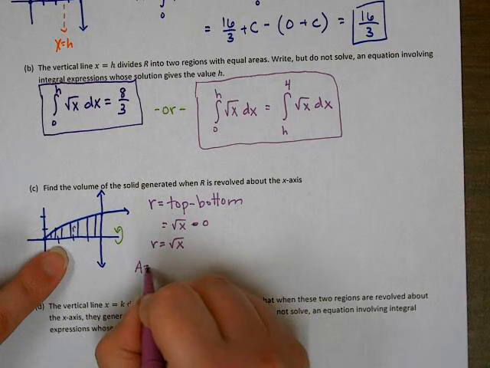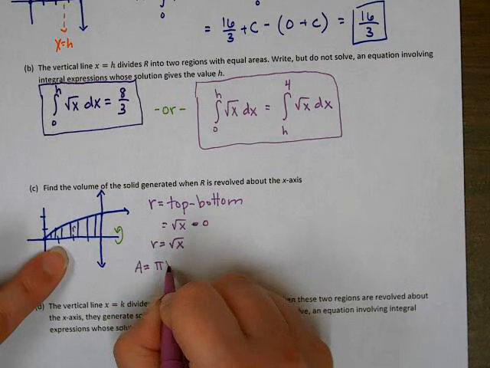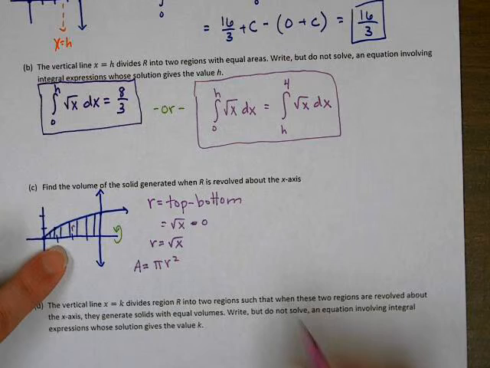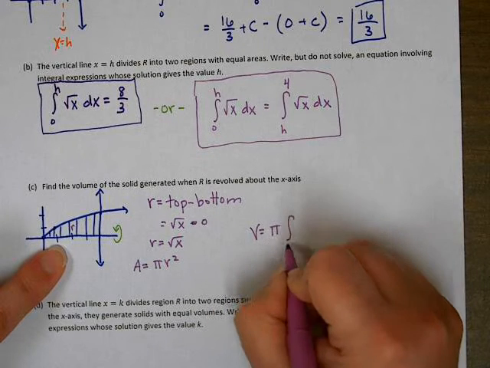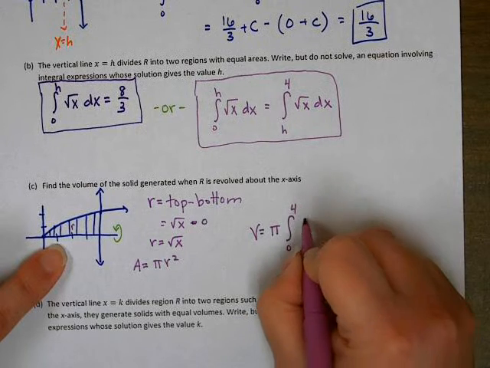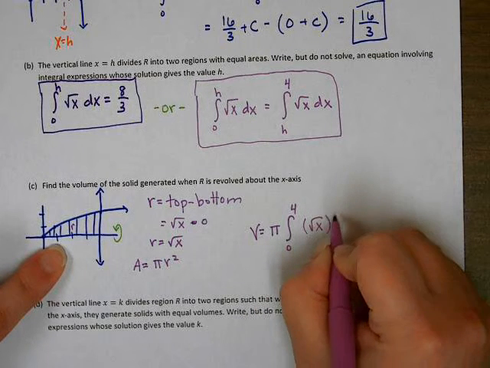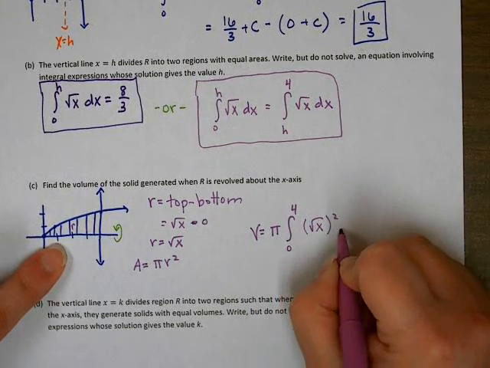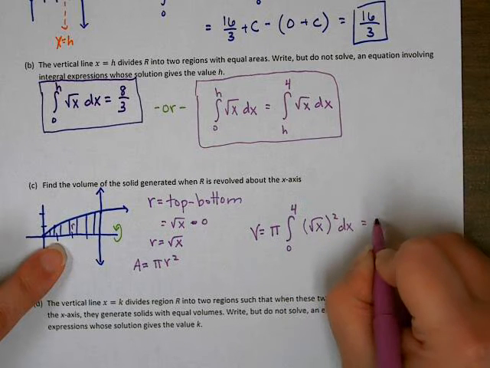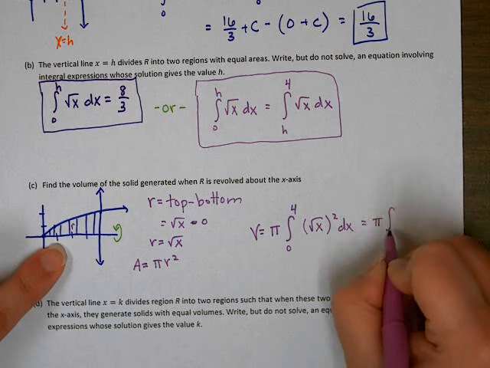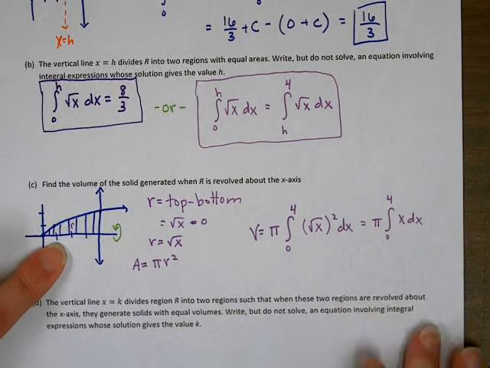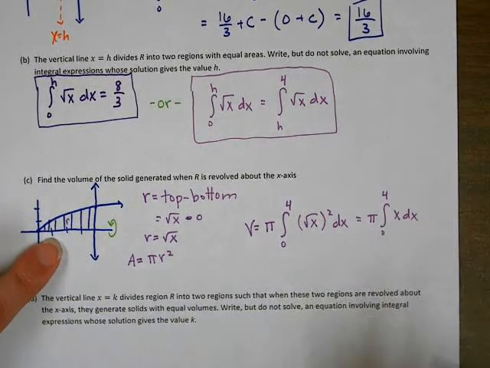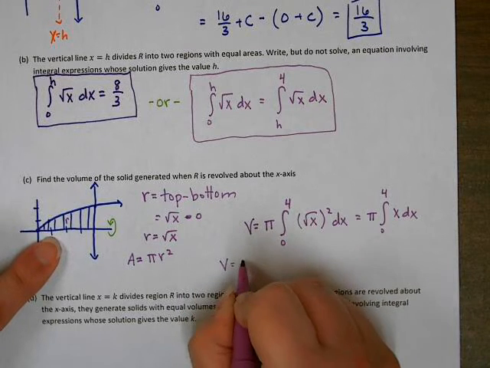And the areas that we're finding here are all circles, so they're all going to have pi r squared. So the volume is going to be pi times the integral from 0 to 4 of my radius squared, so the square root of x squared, dx. So this is really pi times the integral from 0 to 4 of x dx. And now all we have to do is take the antiderivative. So I'm going to rewrite it down here.